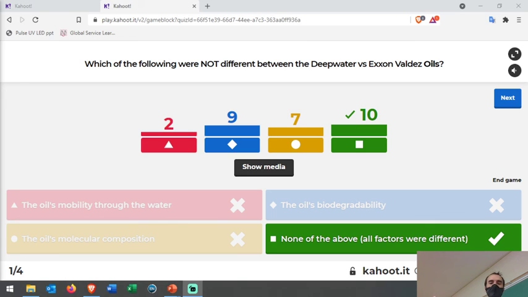It was more biodegradable, and essentially when they say lighter, what they're talking about is a lighter composition, meaning rather than mostly, let's say, 14 chain hydrocarbons, it was 10 or something like that. You know, some difference in actual molecular composition.